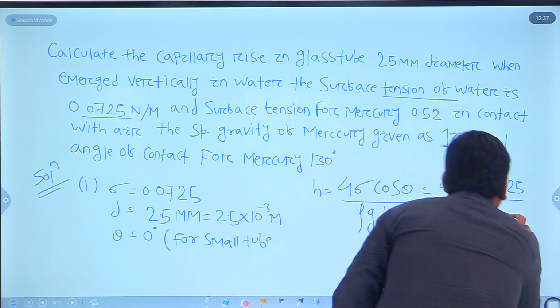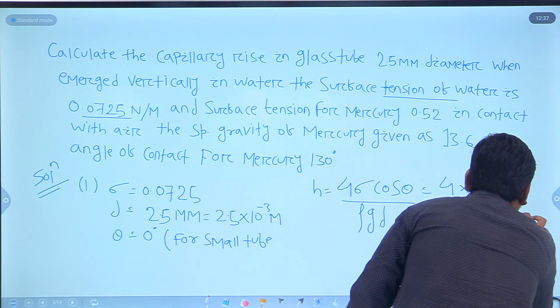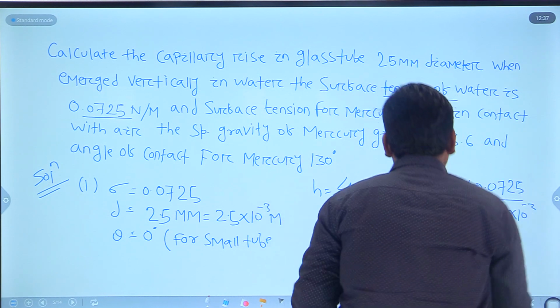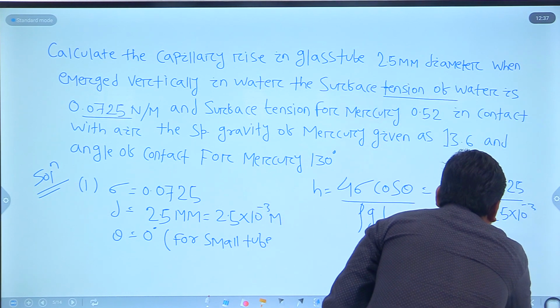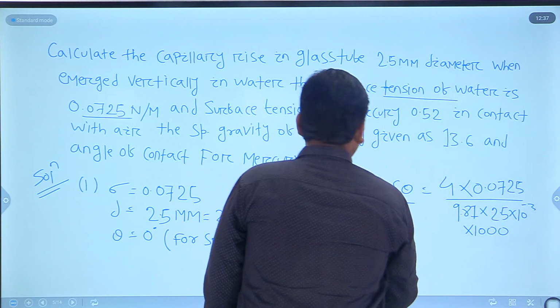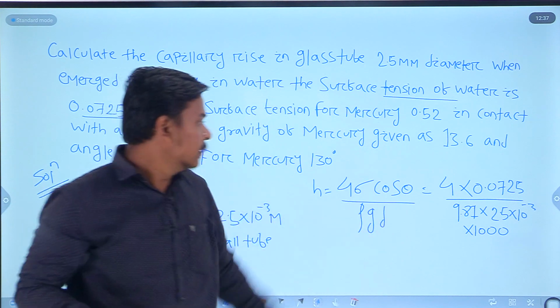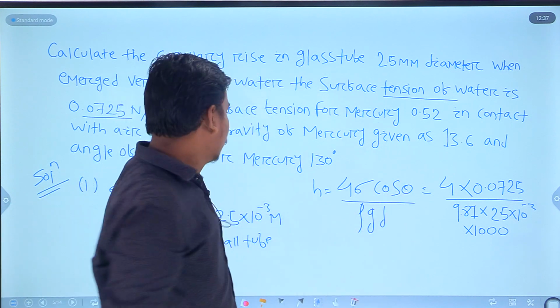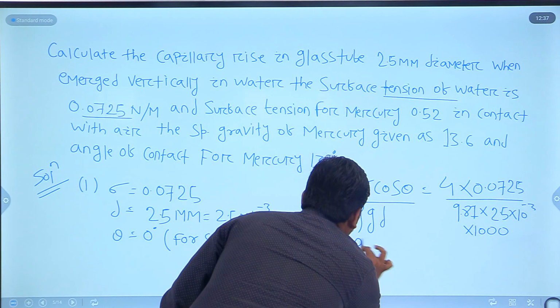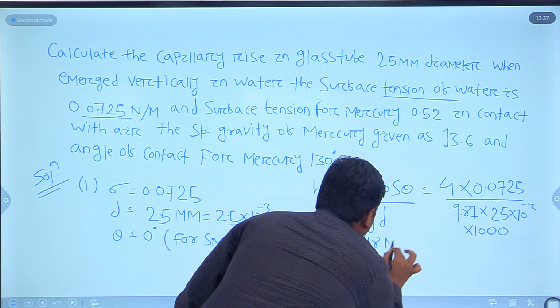Diameter is 2.5 into 10 to the power minus 3 meter and rho 1000. For water we know that it is 1000 kg per meter cube. When we calculate this in a scientific calculator, we find the value of H is equal to 0.0118 meter. Okay.